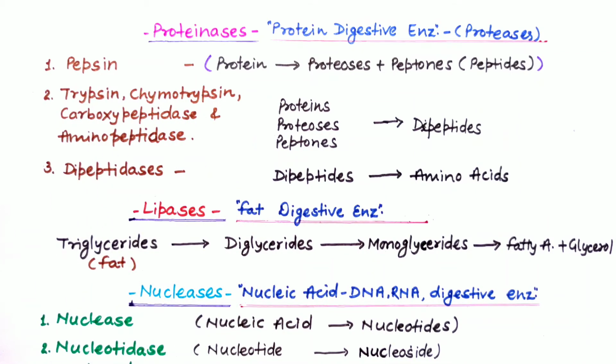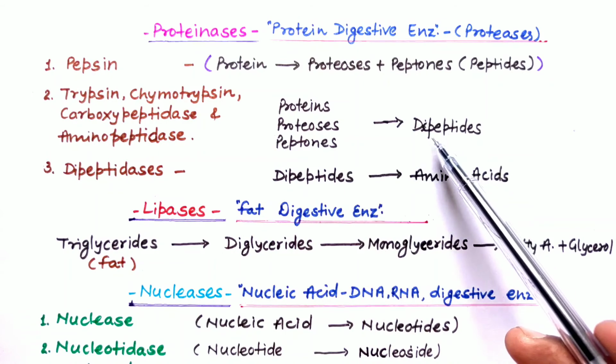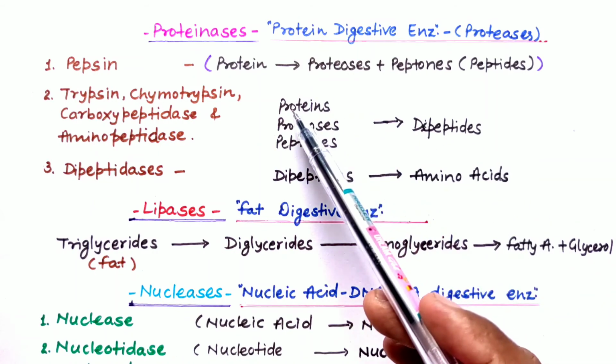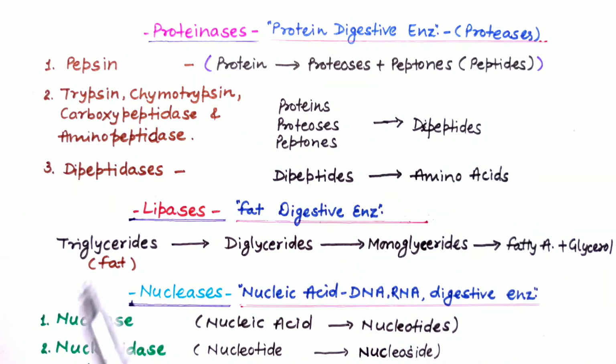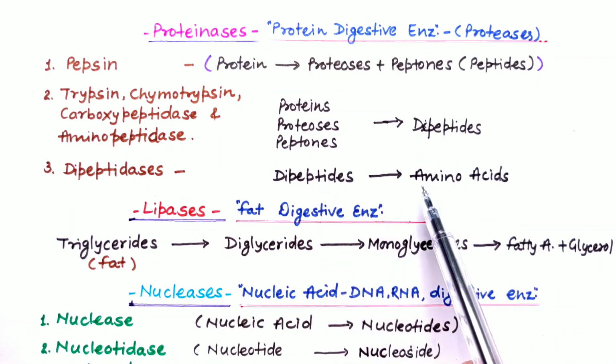They are all responsible for further simplification of proteoses and peptones into dipeptides. Proteins may also be converted by these enzymes into dipeptides. The third and last category under proteases is dipeptidases. They cause conversion of dipeptides into amino acids.